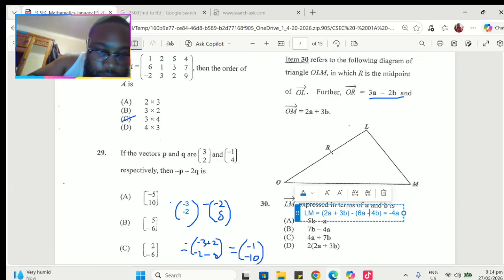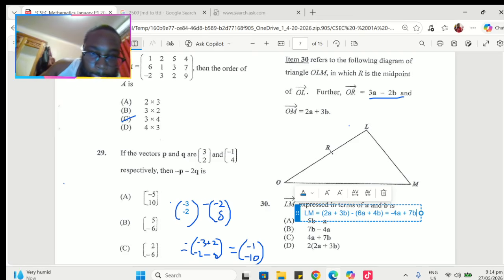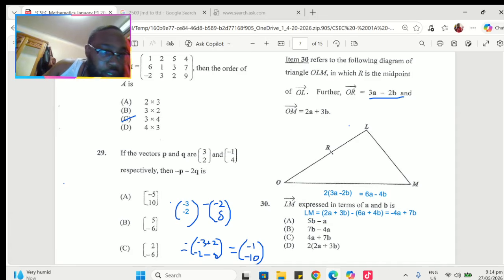Oh gosh, so it's plus 3B plus 4B is 7B. So that is minus 4A plus 7B, or 7B minus 4A, same thing, right? So what Anzi said is actually correct. So the answer would be B.